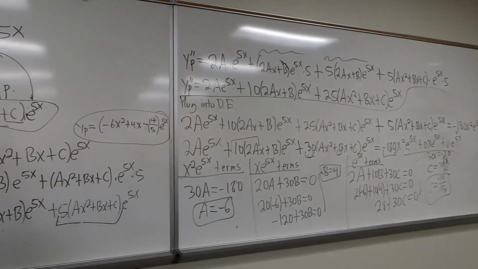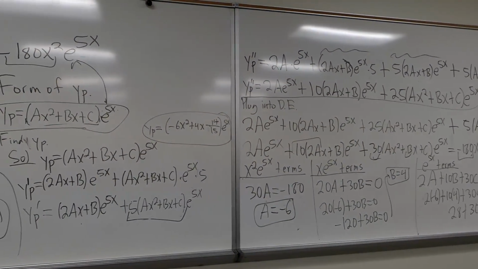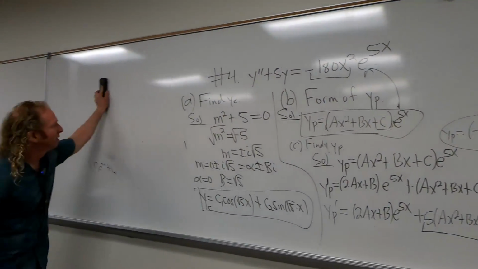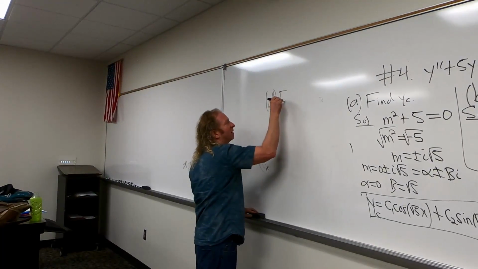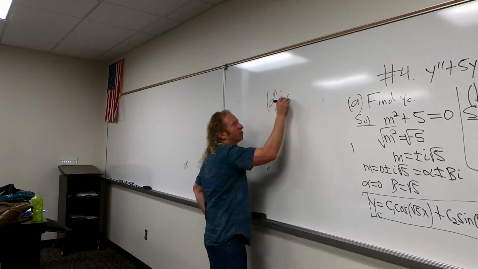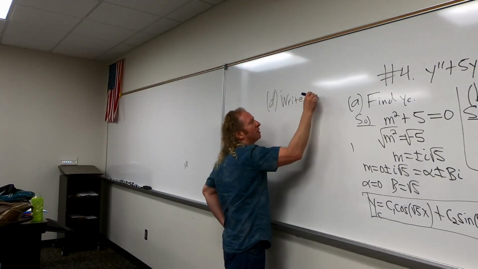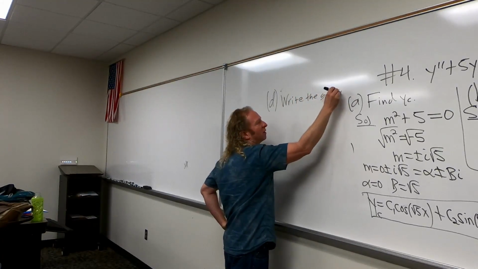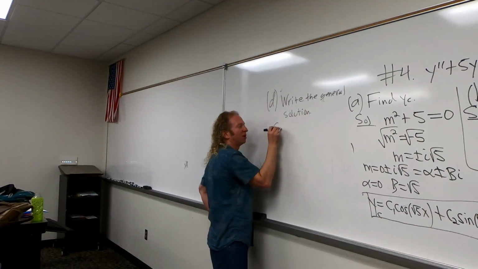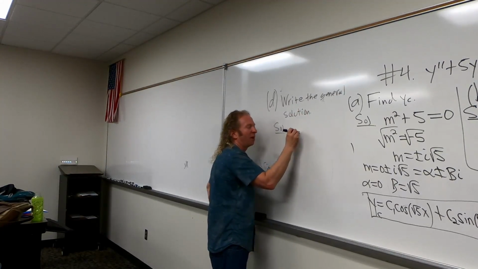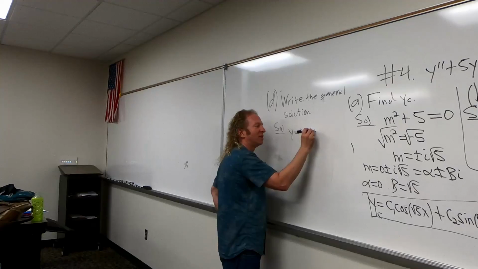Good, Rafael, you got this. The answer is the YC. So part D, we'll say find, write the general solution. So y equals YC plus YP. Let's make it count.